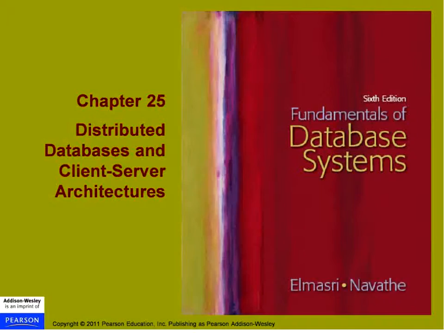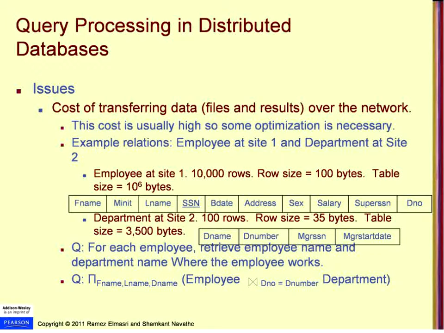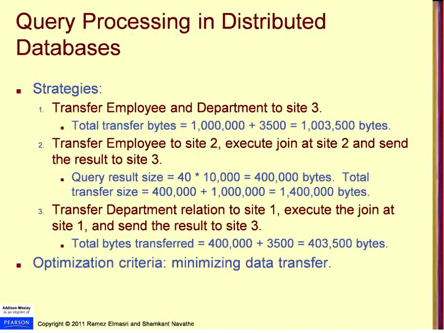And why is it so? Because the size of the employee table is 10 raised to 6 bytes and department is 3500 bytes. So you transfer this total number of bytes to site 3, and at site 3 you can produce results. And this is the communication cost.